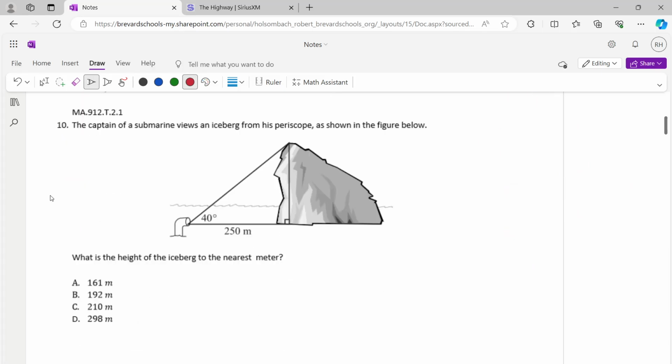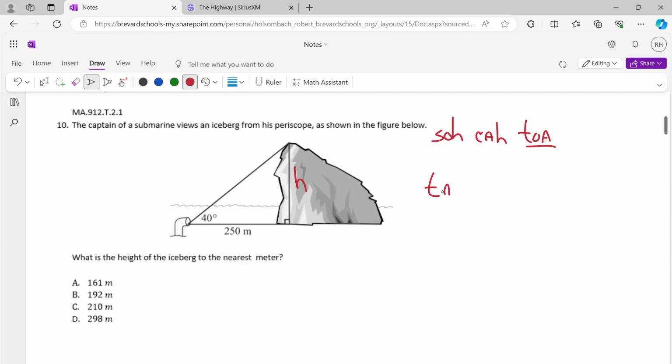Number 10 tells you the captain of a submarine views an iceberg from his periscope as shown in the figure below. What is the height of the iceberg to the nearest meter? This is another sine, cosine, tangent problem. You have an angle, you need the opposite side, and you're given the adjacent side. So we're looking for the height of this iceberg. So I'll call it H. Opposite and adjacent is tangent.